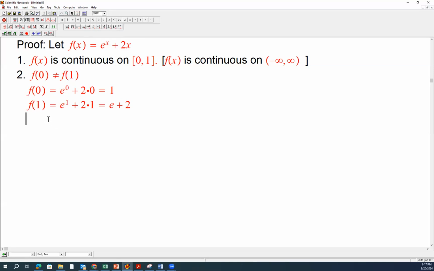Okay? And now we're going to apply the intermediate value theorem. So I'm going to choose the capital N equal to what? Between f of 0 and f of 1. So 3 is between f of 0 and f of 1.